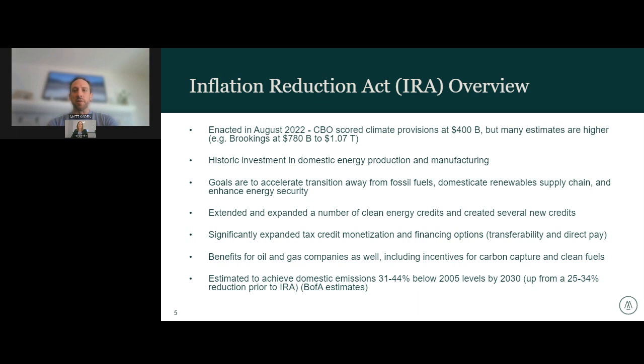So just to kind of lead off with an overview, this is the Inflation Reduction Act, obviously enacted in August of '22. The initial figures were maybe $400 billion over 10 years related to these tax credits that we're going to discuss today. But I think, in light of further analysis, those numbers are creeping up.